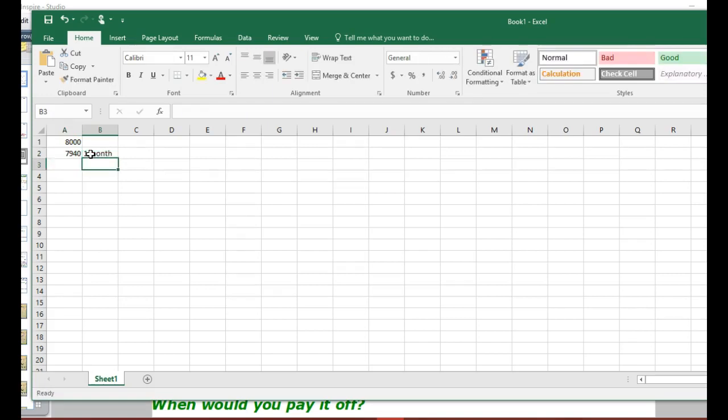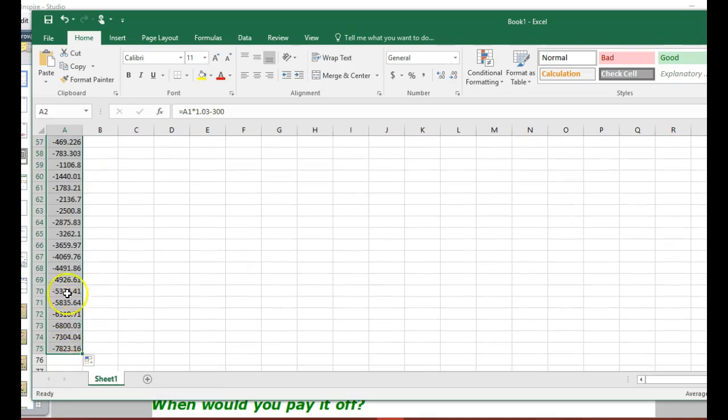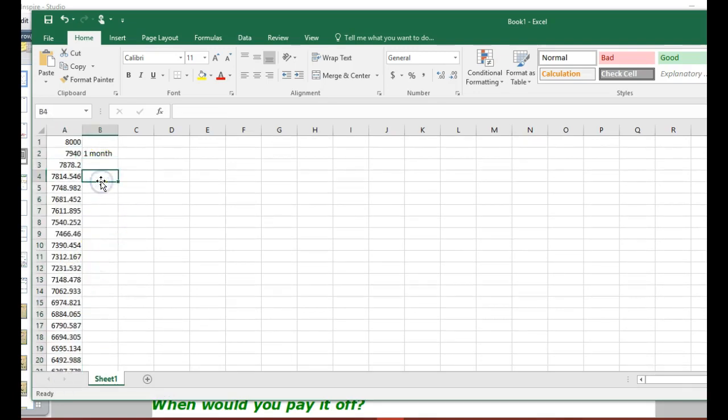And again, I like to label this column just a little bit to get my mindset. Originally I owed 8,000. 1 month later I'm still going to owe $7,940. I can drag this down now because that equation will copy to answer the few more questions that are coming up on this slide. So they asked, what will I owe after 3 months? Well, here's the third month.